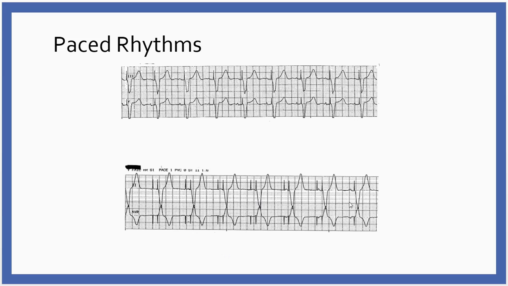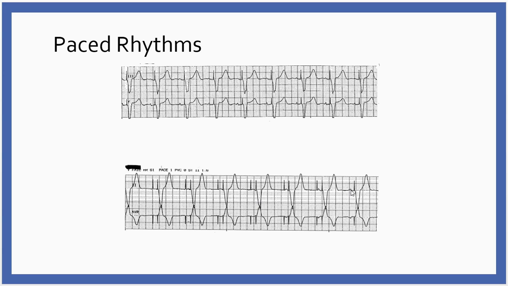Hopefully you picked up on the fact that I went from having atrial and ventricular pacing to just V-paced. Why am I only V-paced? See this? What do I have right here? A P wave. So remember, the pacer is consistently sensing what's going on in the heart. And for some reason or another, the SA node kicked out an electrical impulse, and I got a P wave.